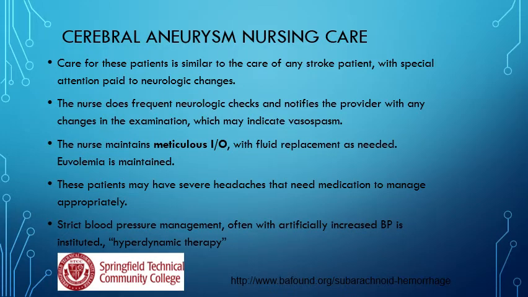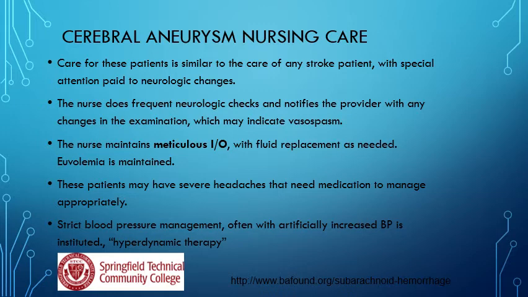So the care for these patients is similar to the care of any stroke patient, with special attention paid to neurologic changes. The nurse does frequent neurologic checks. It's every hour, and they're in the ICU, and notifies the provider with any changes which may indicate vasospasm. The nurse is responsible for keeping track of that fluid balance, and usually fluid is given to make sure the patient stays even.